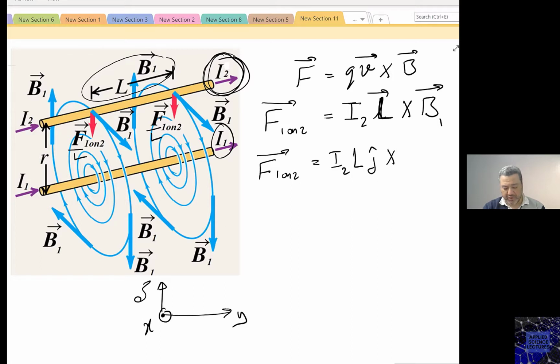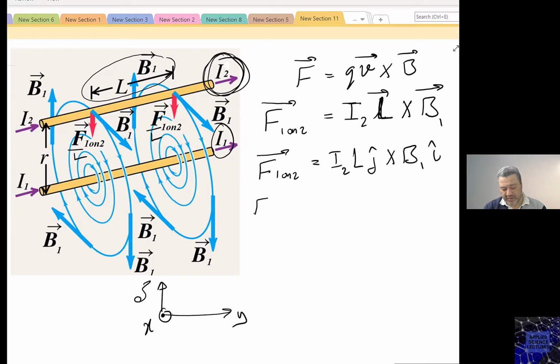cross B1. As you can see, B1 here due to I1 is pointing in the positive x direction. So this one is B1 i hat.